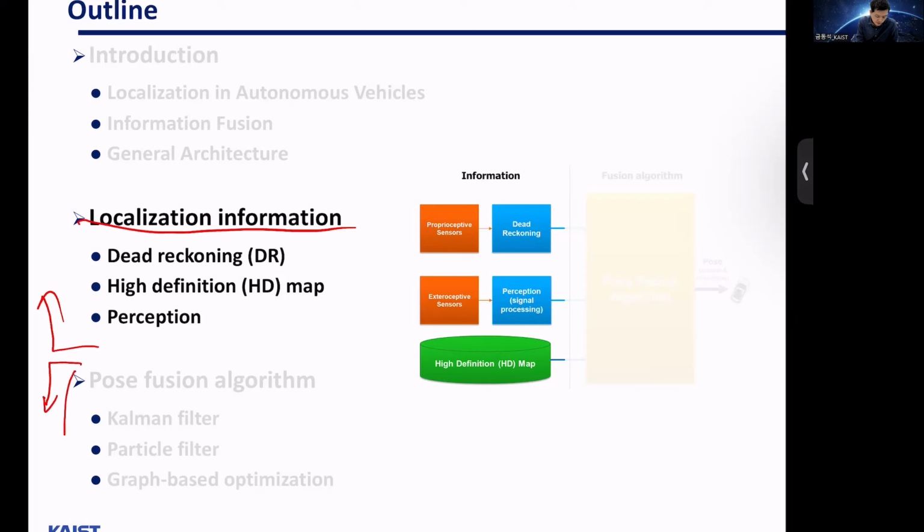But pose fusion algorithm requires some basic review of probability and statistics and some fundamental mathematical principles before we get into these pose estimation algorithms. So we will review that, and then we'll move on to pose fusion algorithm. Okay.